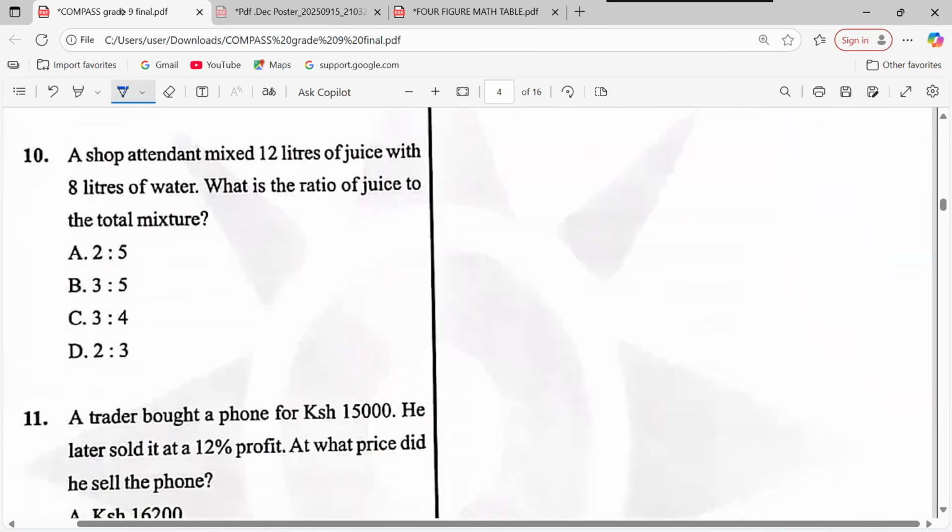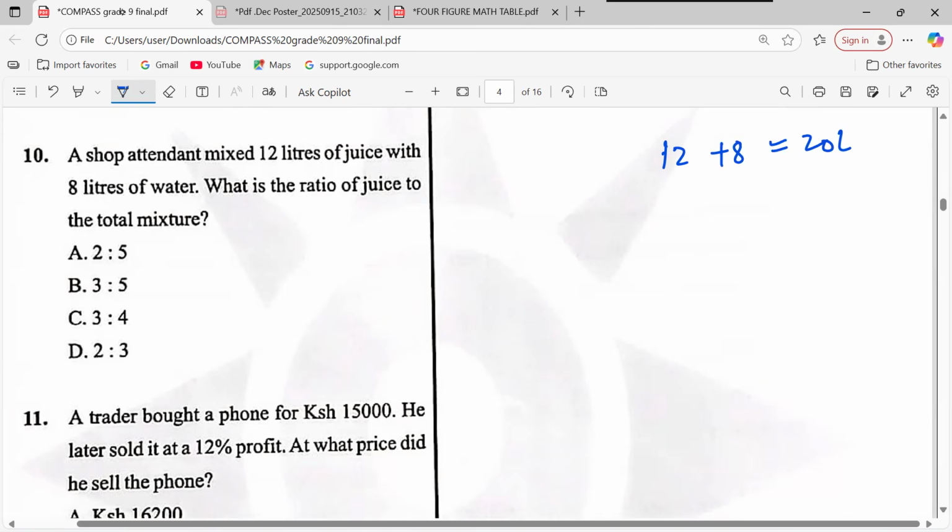A shop attendant mixed 12 liters of juice with 8 liters of water. What is the ratio of juice to the total mixture? So in this case, the total mixture is also having some capacity because it's 12 liters of juice and 8 of water, giving us 20 liters generally.